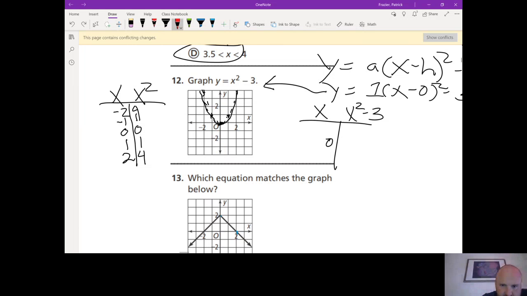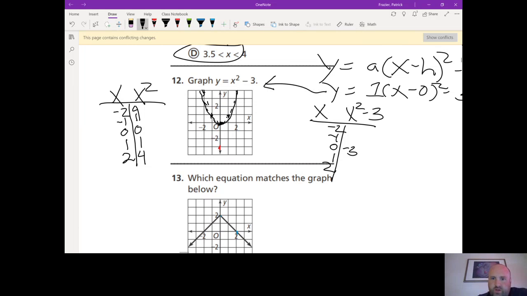Let's use this red. And then we've got negative 3, and then negative 1, negative 1. Let me pull that down a little bit. Zero, negative 3, negative 2, 1, and 2.